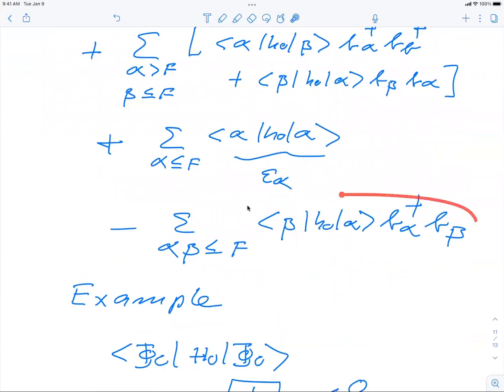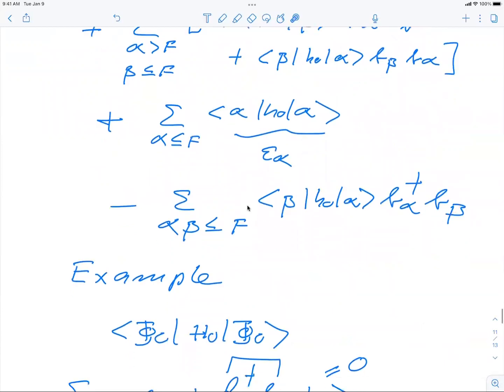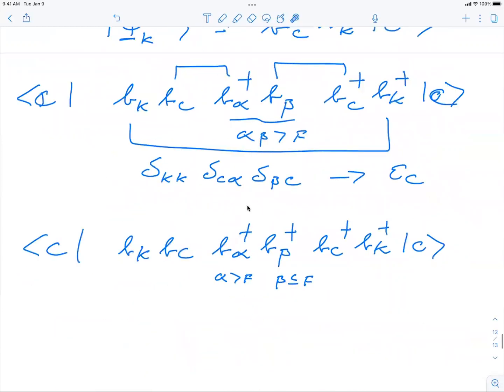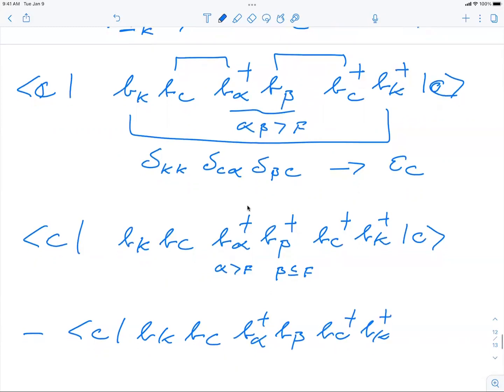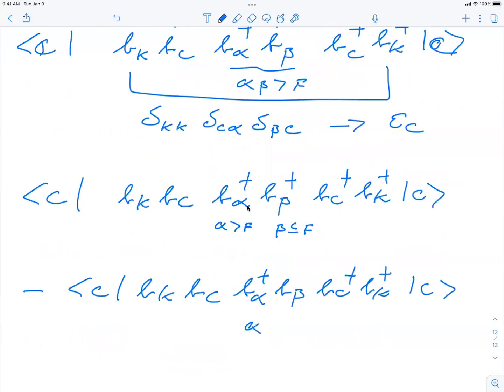And then finally, we need to look at this term. So let's look at the final term here. So that's going to give us a minus, and then we have a C, and then I have this BK, BC, and now I have this B alpha, B beta, and then BC or BK. And in this case, alpha and beta are below the Fermi level. So that means that contractions which I take between beta and C have to be 0.